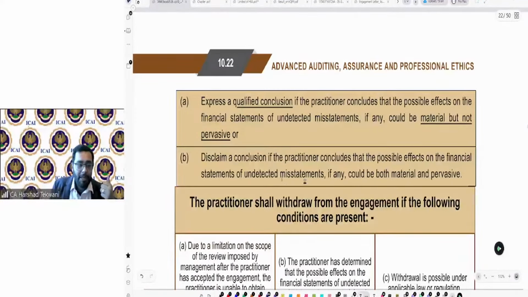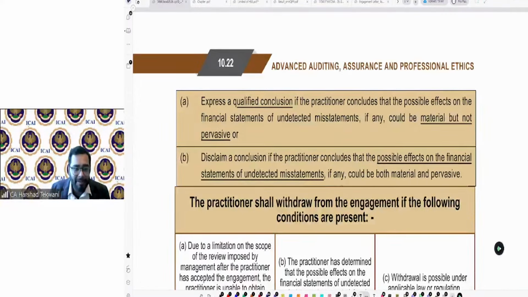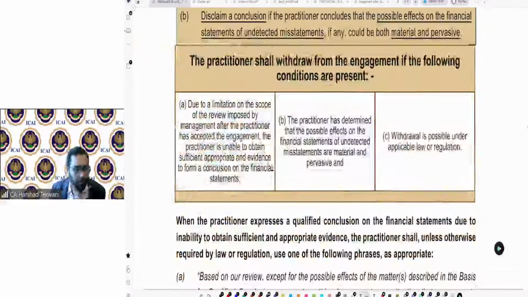If the possible effect on the financial statement of undetected misstatement is both material and pervasive, then issue a disclaimer of opinion.